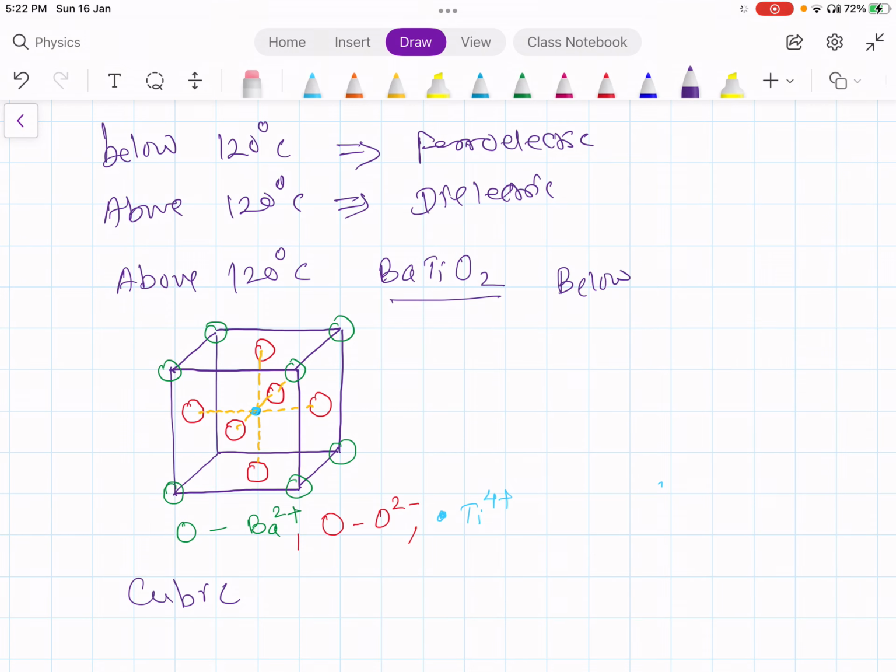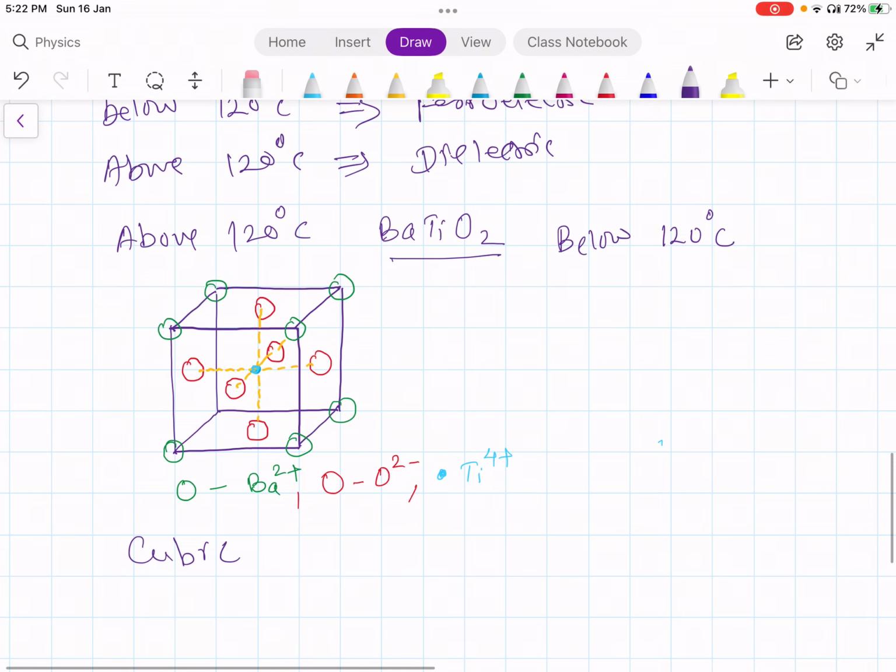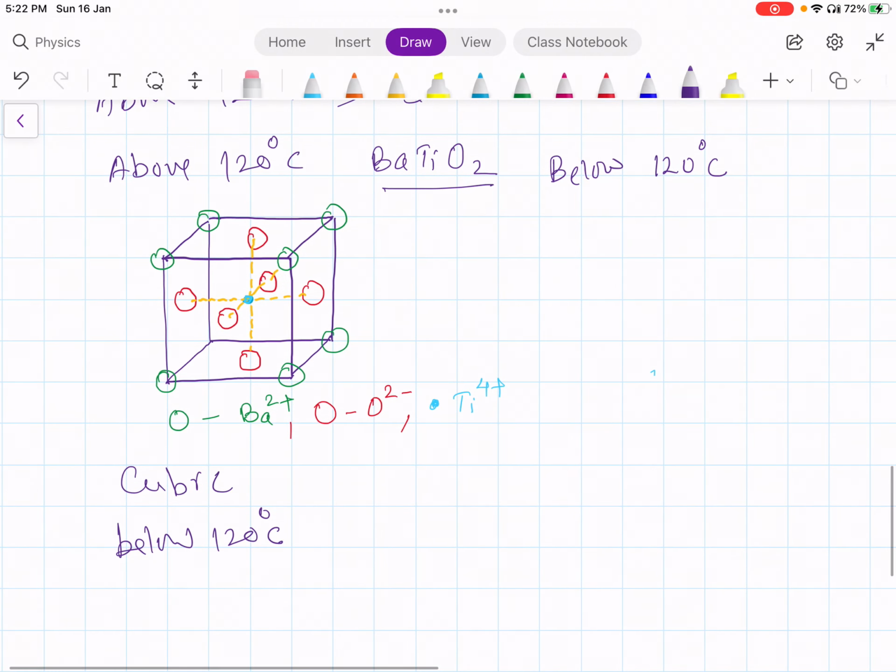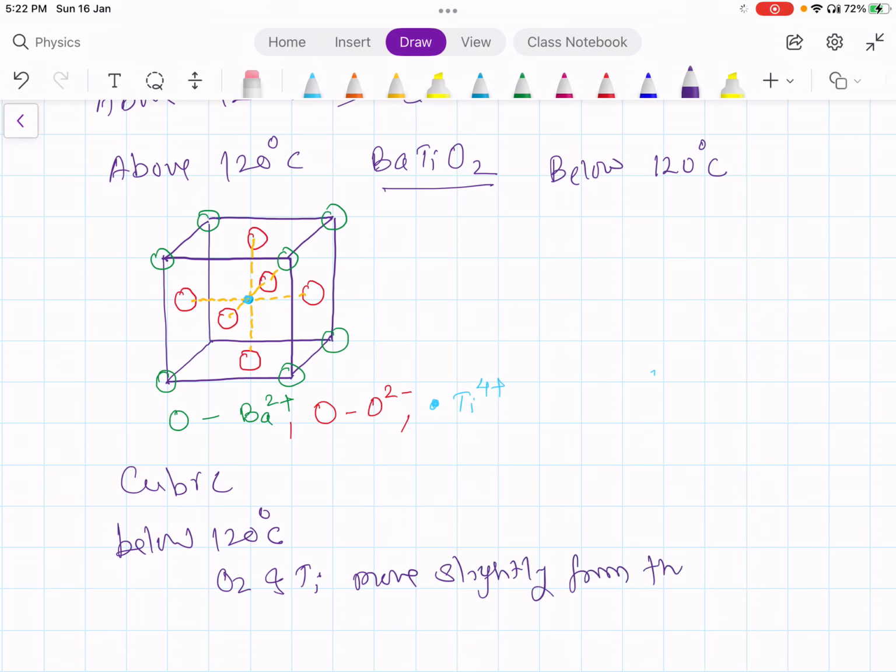I will draw the unit cell for barium titanate below 120 degree Celsius. So what happens in this case? As temperature reduces below 120 degree Celsius, this oxygen and titanium move slightly from their natural position.